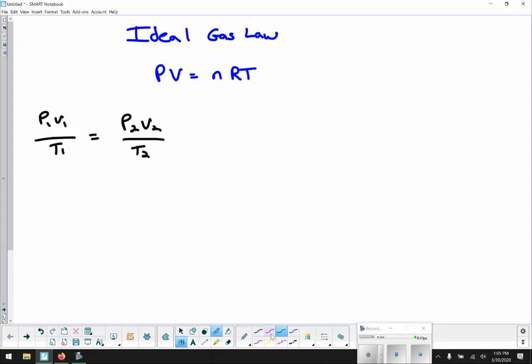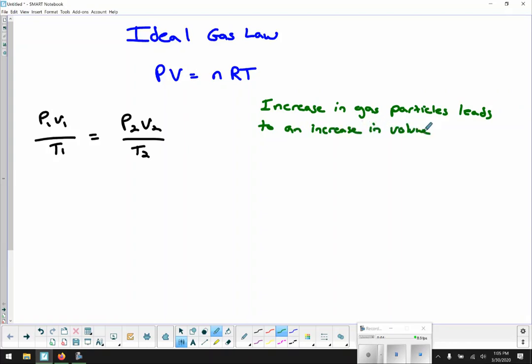As you add more gas, you get a bigger volume. So an increase in particles leads to an increase in volume. So that tells us that there is a direct relationship between particles and volume.